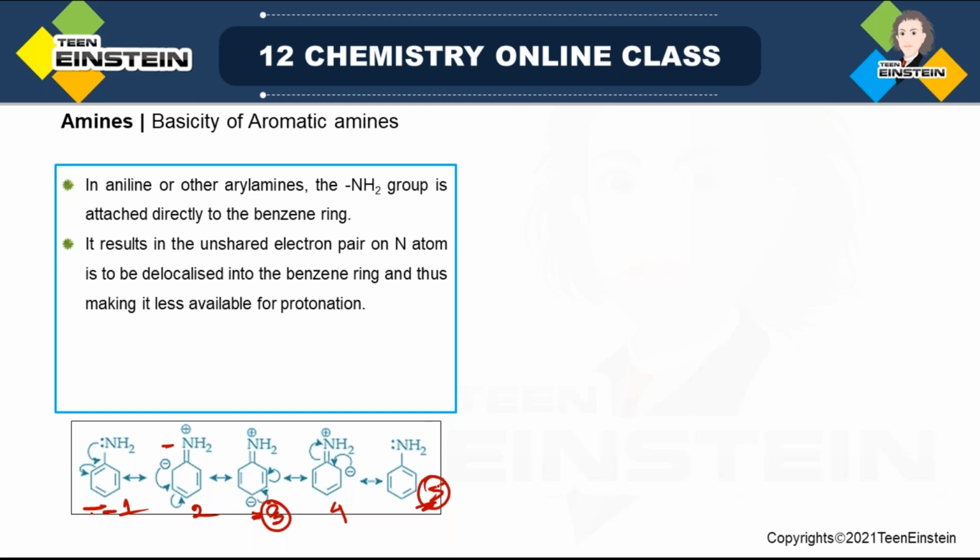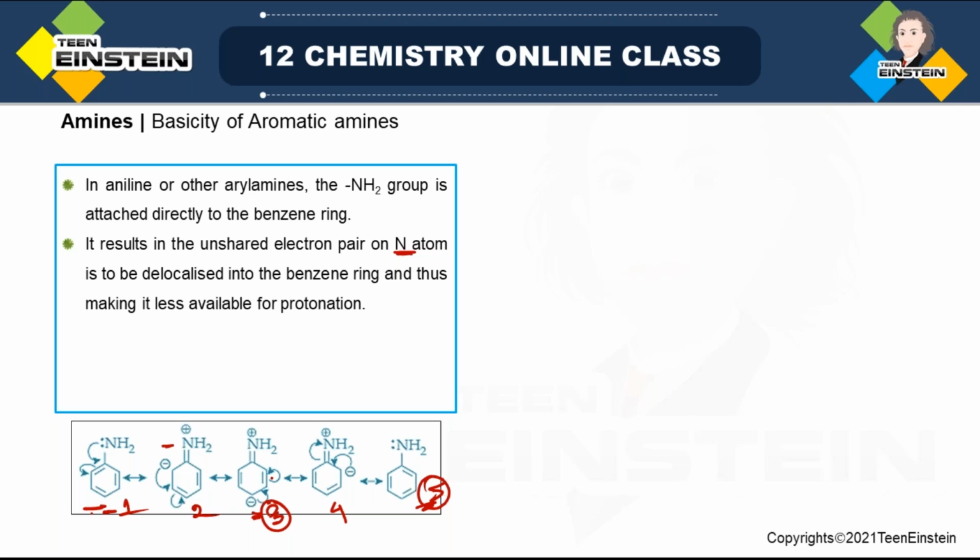So in aniline or any other aryl amine, suppose naphthylamine, the NH2 group is attached directly to the benzene ring. Because of this direct attachment, the unshared electron pair, that is the lone pair of nitrogen, will be delocalized into the benzene ring, and as these electrons are doing some other job, they are no longer available.